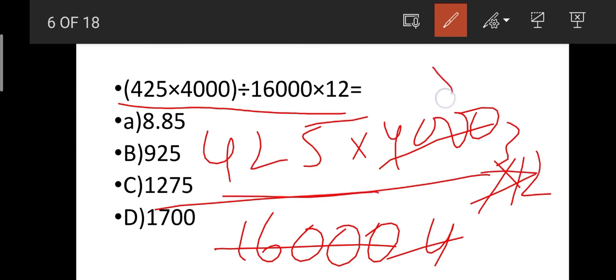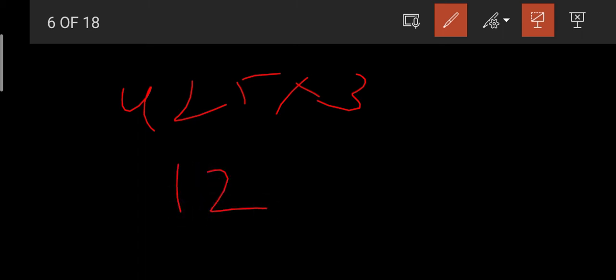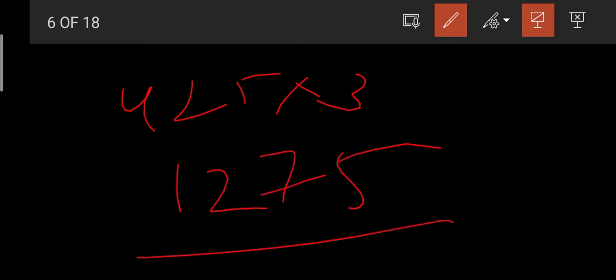It should be ending with 5, and it should definitely be a multiple of 3 of 400. So it is 1200. Okay, 425 into 3. If you observe, 400 3s are 1200, 25 3s are 75. Isn't that so simple? Okay, I think you understood this.